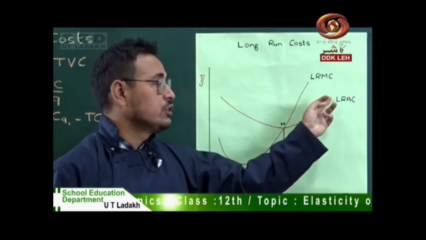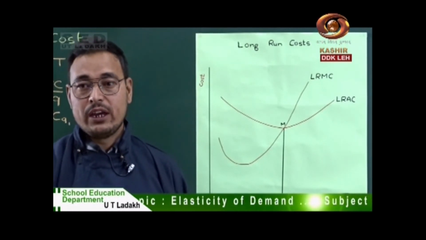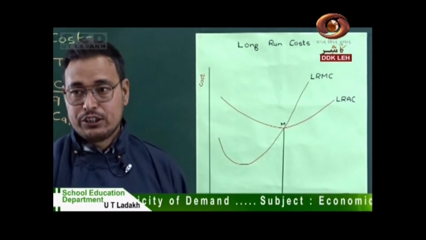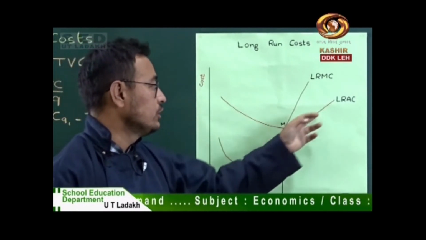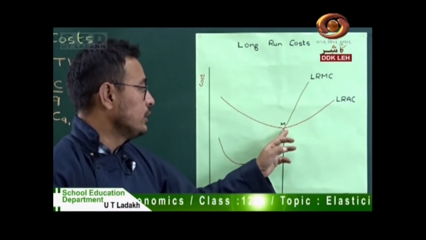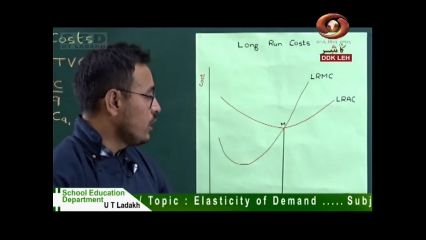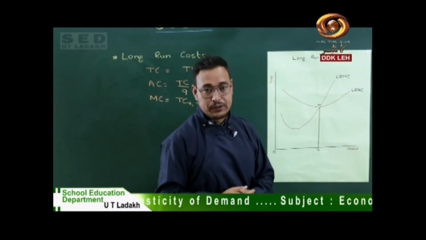After that your cost is increasing. It represents that you are having decreasing returns to scale. That's why your cost is increasing, and this will be your marginal cost. The two intersect at M, where this point will be the point of cost minimization.